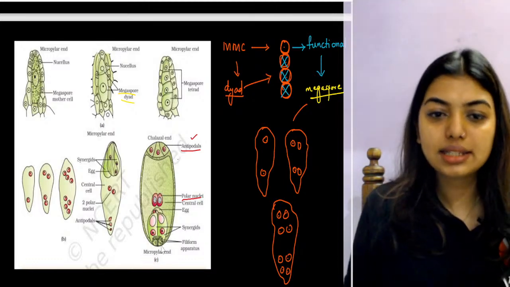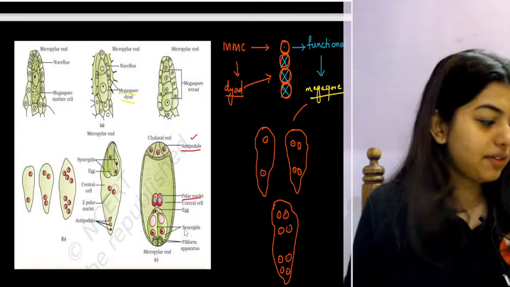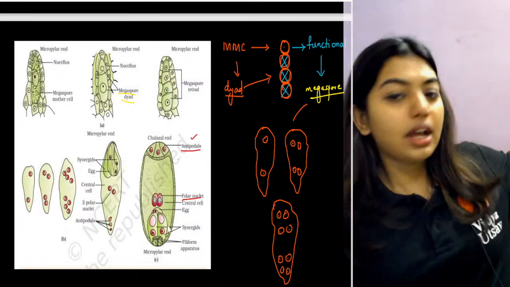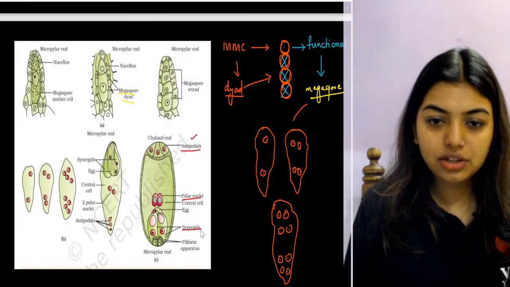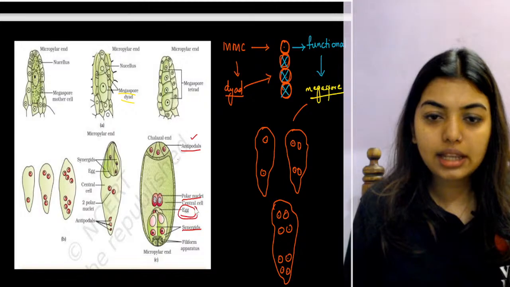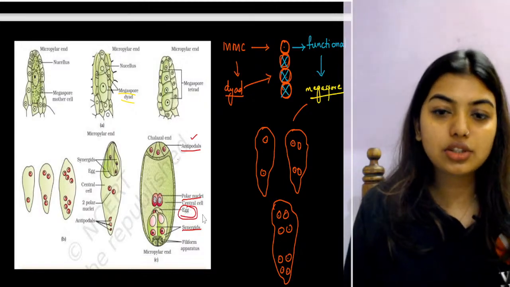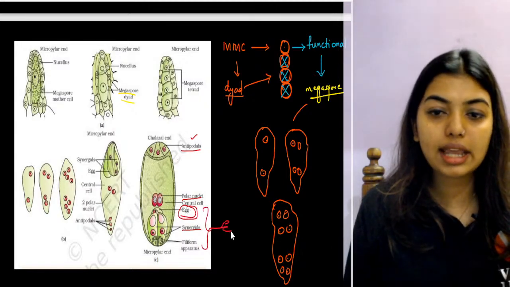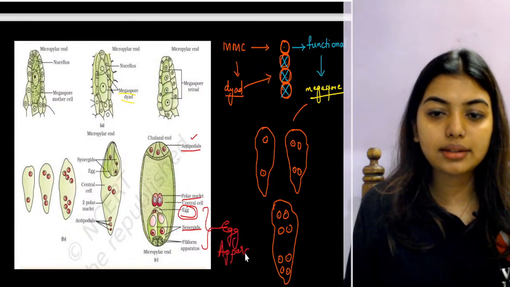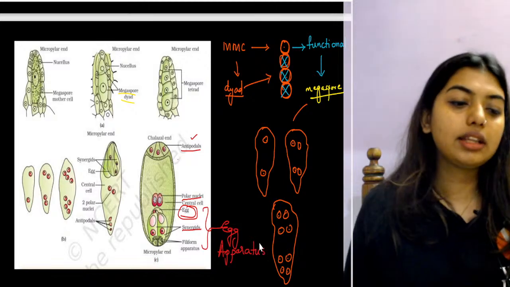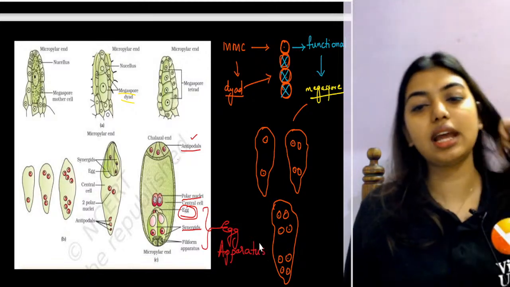Now the 3 cells downwards will arrange themselves as synergids and the egg. So the egg is going to be present with the synergids, and this whole portion will be called the egg apparatus, where there are 2 synergids and 1 egg.